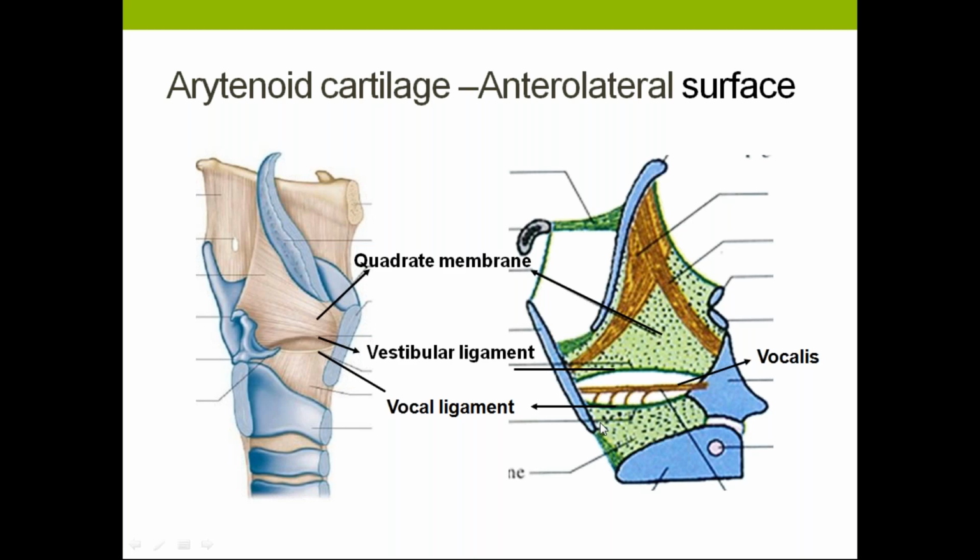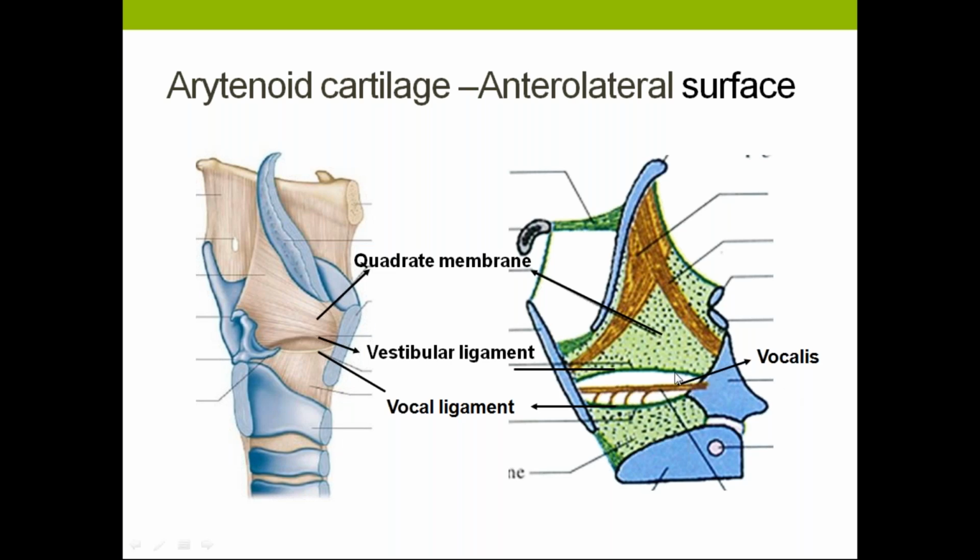Lateral to that you have the thyroarytenoid muscle also. So there will be three things attached to the vocal process: the vocal ligament, the vocalis muscle, and the thyroarytenoid muscle.